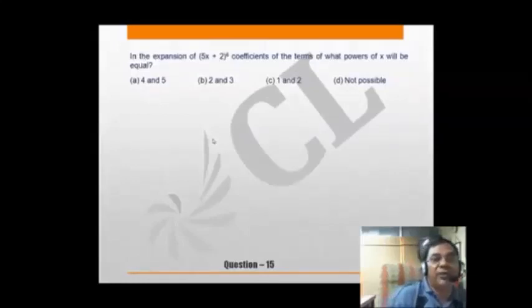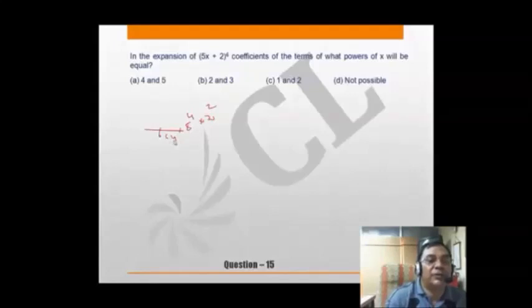In the expansion of (5 + x)^6, for what term will the coefficients of powers be equal? So let's go with the option basis only, because supposing I go for 5 to the power 4. So 6C4 into 5 to the power 4 into 2 to the power 2. 6C4 is 30, 15.